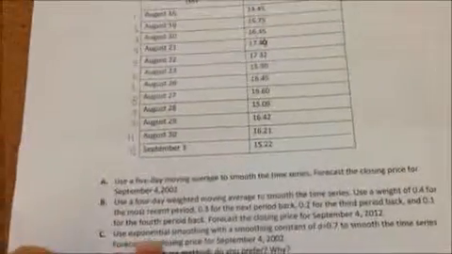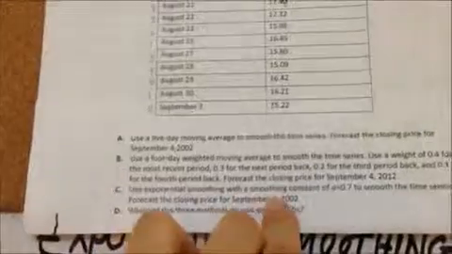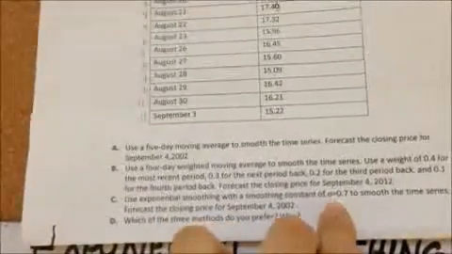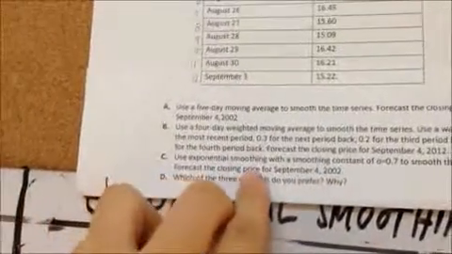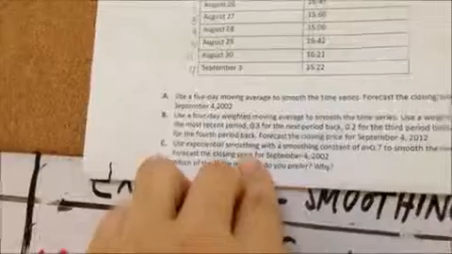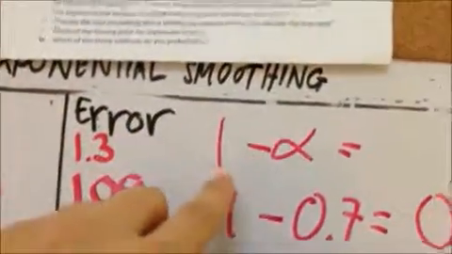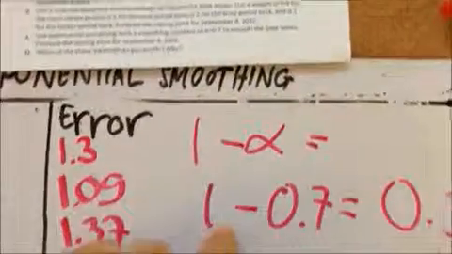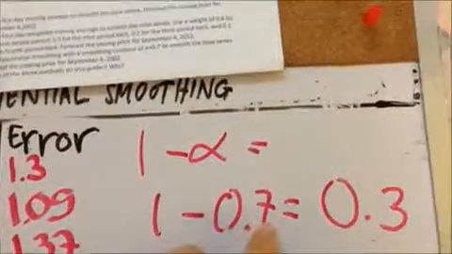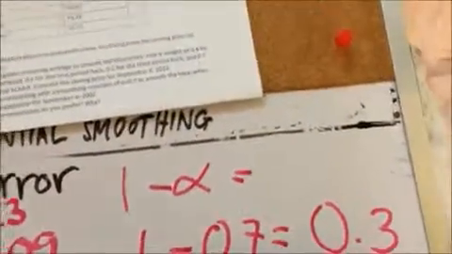Number 3 is use exponential smoothing with a smoothing constant of alpha is equal to 0.7 to smooth the time series. Forecast the closing price for September 4, 2002. So, we are going to use 1 minus alpha. 1 minus 0.7 is equal to 0.3.